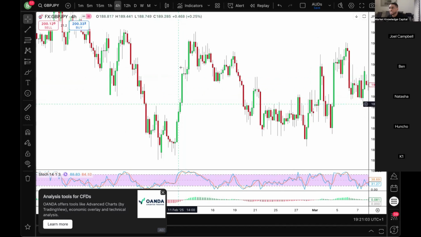Now, it's important to realize that if you see a doji here, the price still continues to go up. That's why I said at the very beginning, we have to use our candlestick formations in conjunction with everything else.